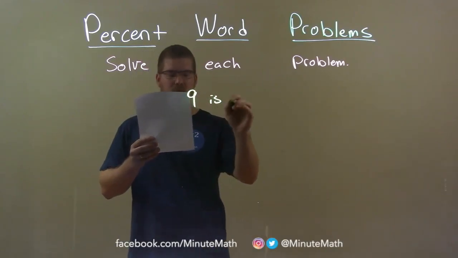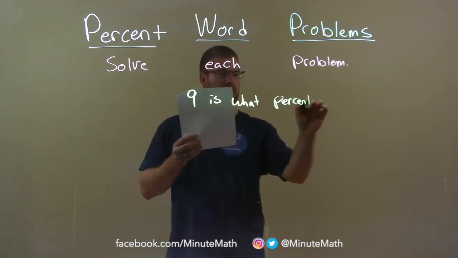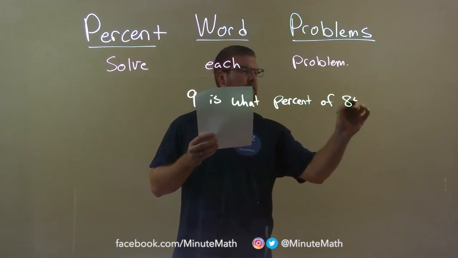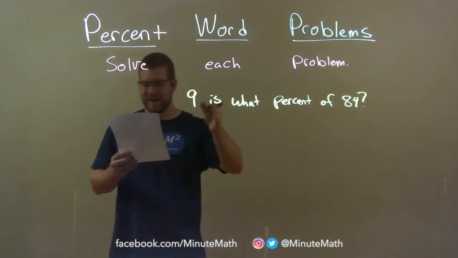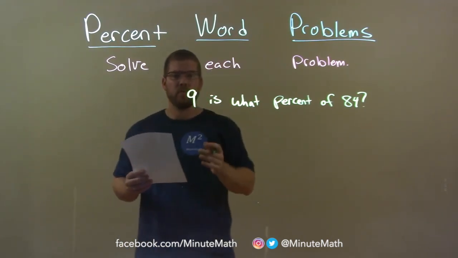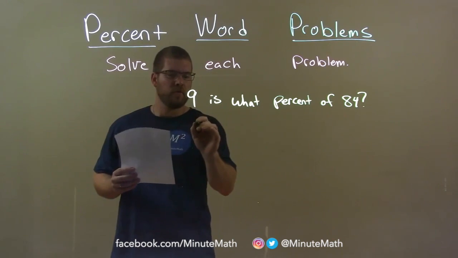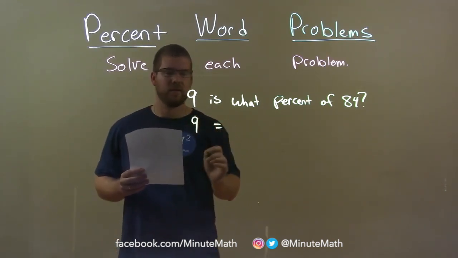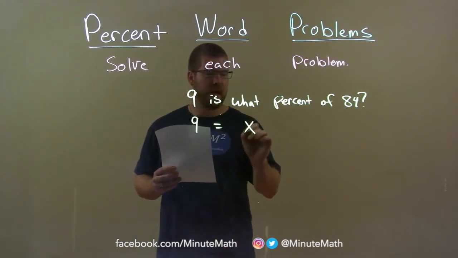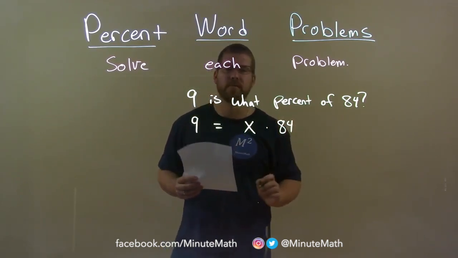9 is what percent of 84? So 9 is what percent of 84? Okay? Well, what we want to do is convert this to an equation, okay? So 9 is equal to what percent, x is going to be a percent, of, multiplied by 84, okay?